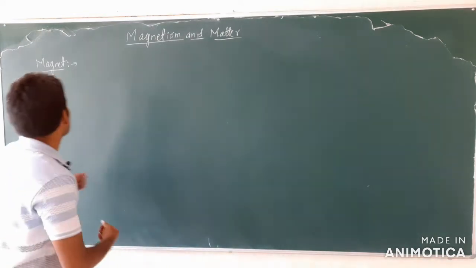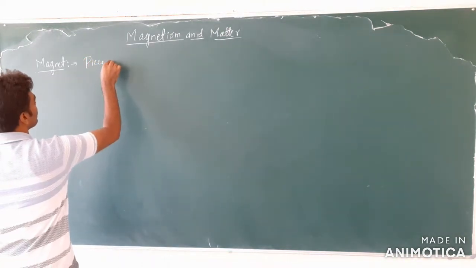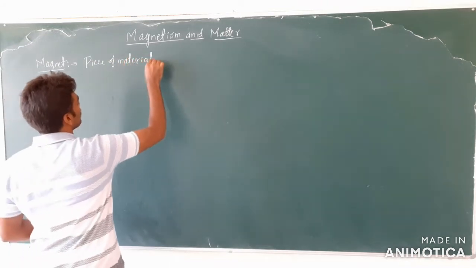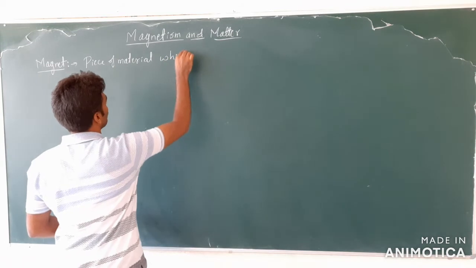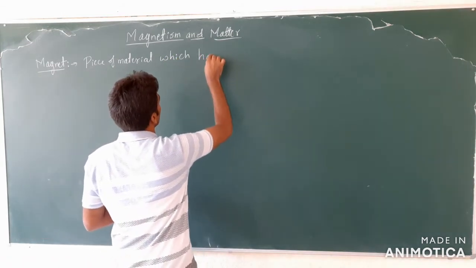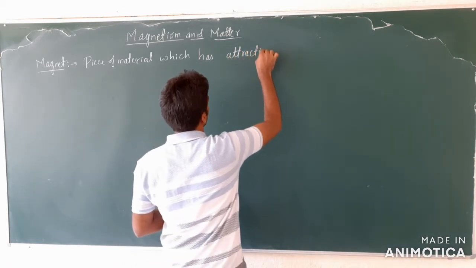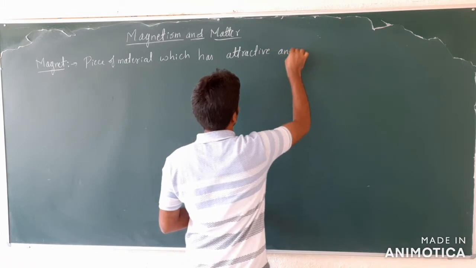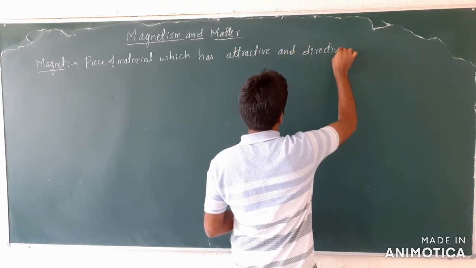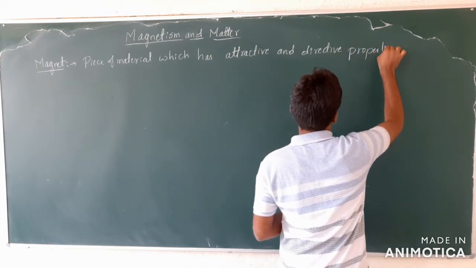So a magnet is a piece of material which has two major properties, attractive and directive properties.